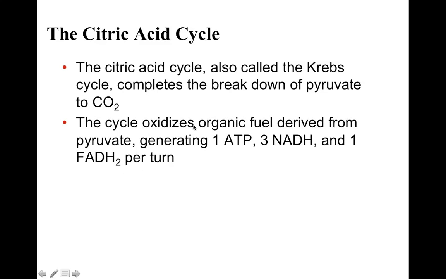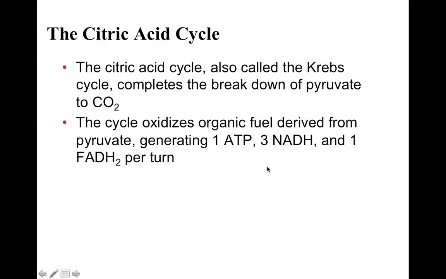In the citric acid cycle, we're going to continue to oxidize acetyl-CoA and get some more ATP, some more NADH, and another electron bus called FADH2 is going to be produced as well. And that's all what happens per turn.